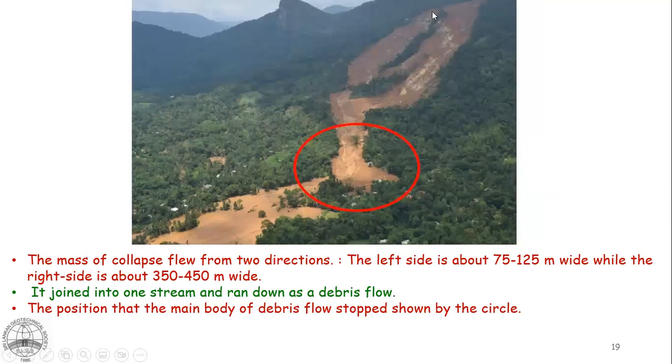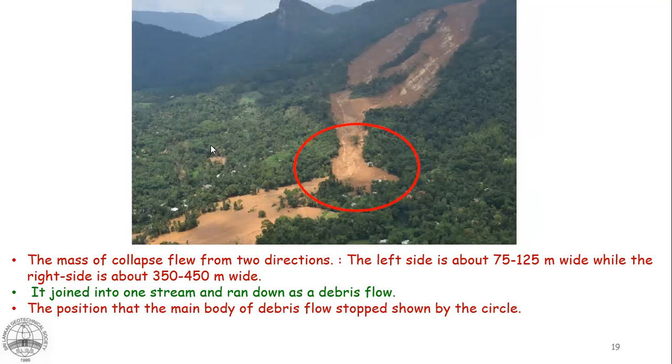The mass that initiated there has moved in 2 directions. The left side is about 75 to 125 meters wide, and the right side is about 350 to 450 meters wide. And at the lower levels, it joined as one stream and ran down to this flatter area. So the task is, with the ground topography and the ground cover details, to initially predict what is the runout area.